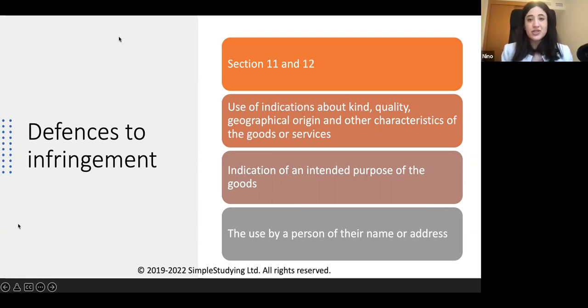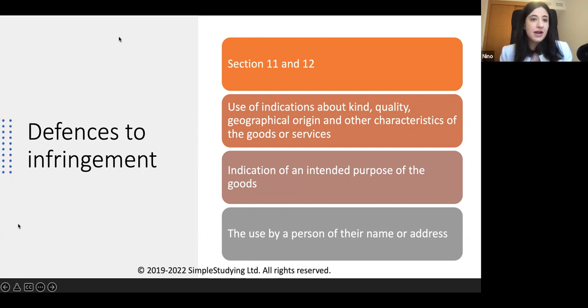For the defenses, you need to have a look at sections 11 and 12 of the Trade Marks Act 1994. Defenses can be use of indications about kind, quality, geographical origin, or other characteristics of the goods or services. So everyday language to describe what the product is like, a characteristic of the product, can be a defense.